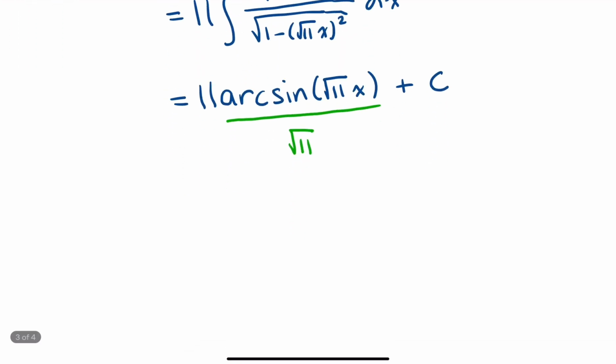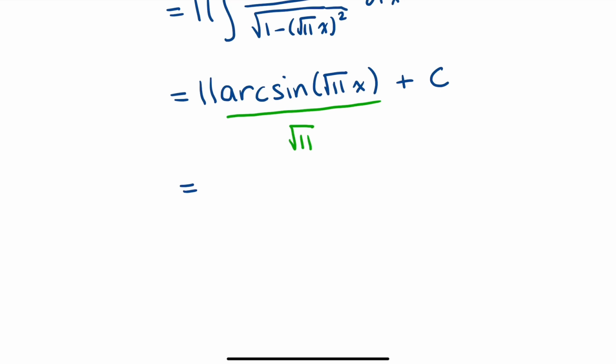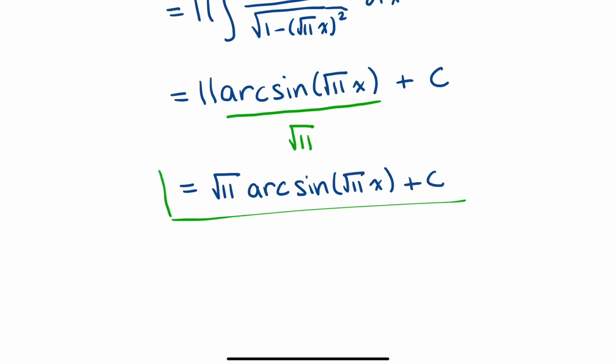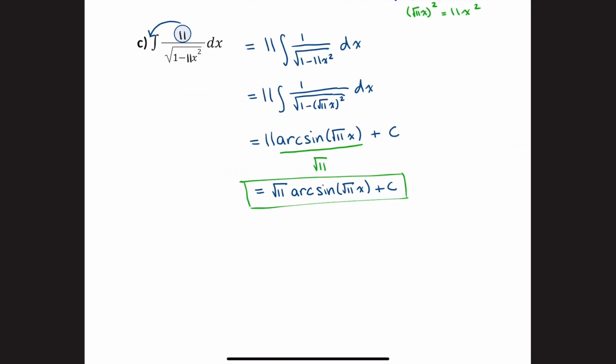And so we can further simplify this because we can just say 11 divided by square root of 11 is actually just the square root of 11 multiplied by arc sine of root 11x plus c. And this is your most general solution.